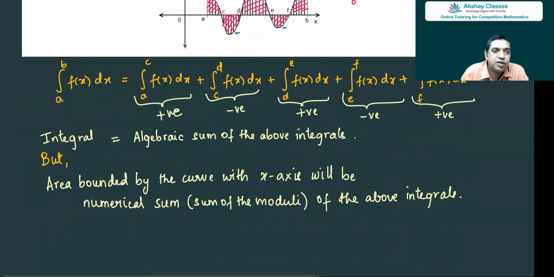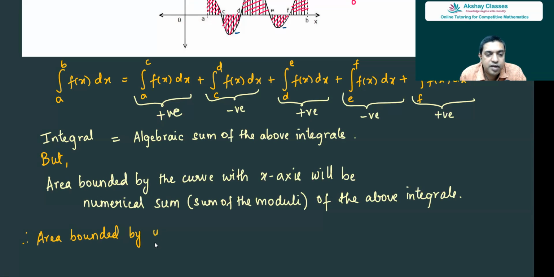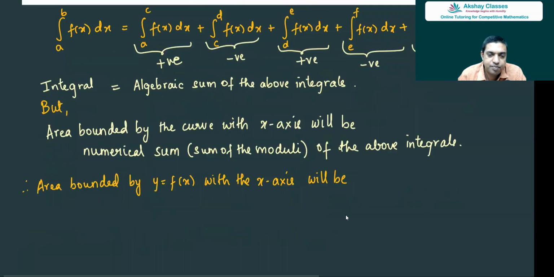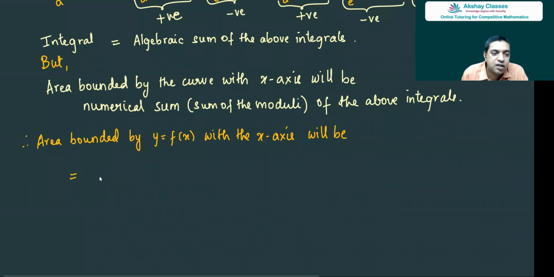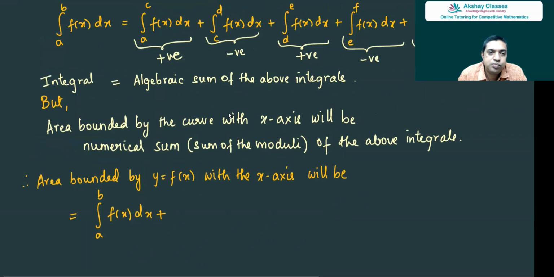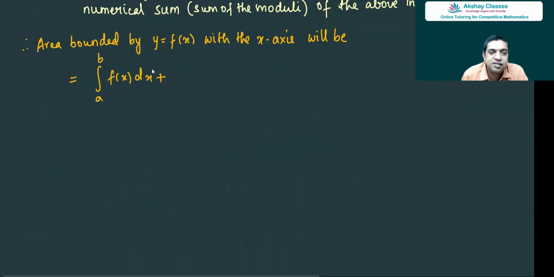So area under the curve, therefore, area bounded by y equal to f of x with the x-axis will be equal to, now, integral a to b f of x dx, it is already positive. Now, this c to d f of x dx is negative, so we have to take a modulus of it.